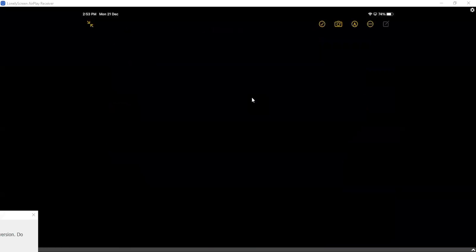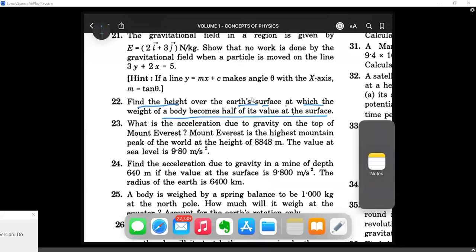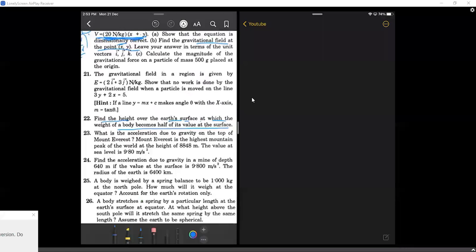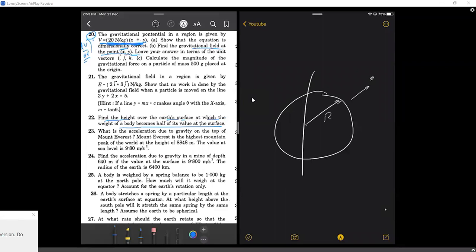In question 22, he's asking at what height, compared to this, a person would weigh only half, which means here it is mg, here it must be mg by 2. If the g is g by 2, what is the height? That is what is being asked.